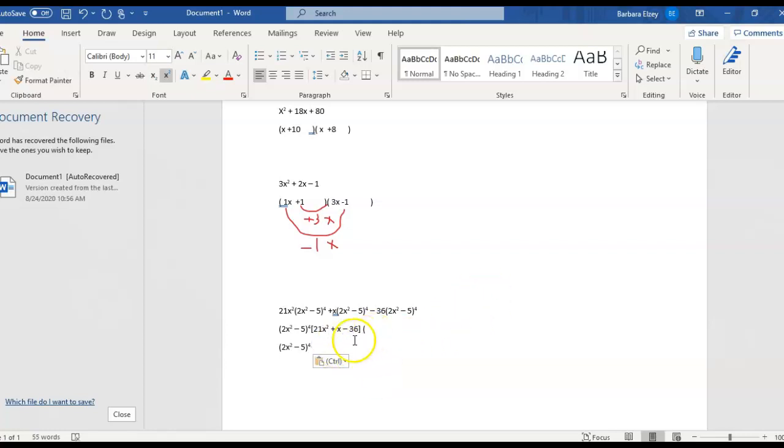But let's go ahead and factor the 21x squared plus x minus 36. Now this might take several attempts because there are a lot of possibilities with 21 and 36. So 7 times 3 is 21, or we could try 1 and 21, but it's more likely to be 7 times 3. So let's try 7x and 3x to get our 21x squared.